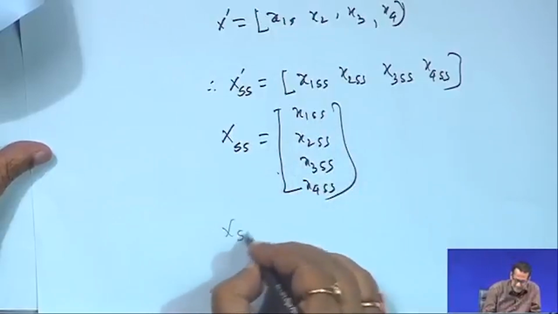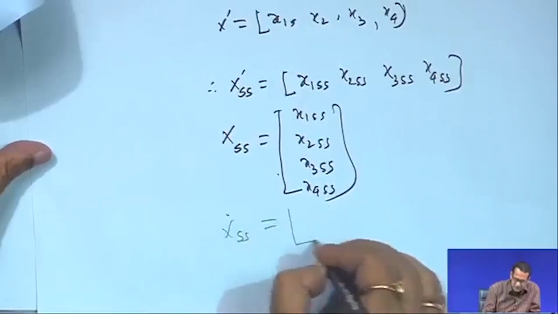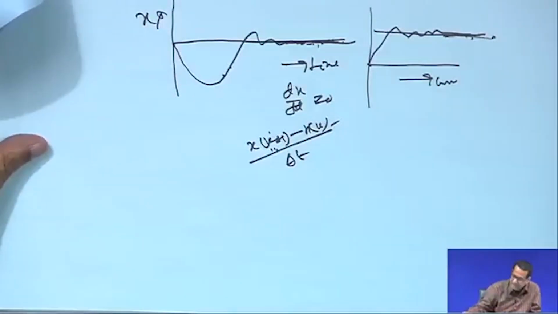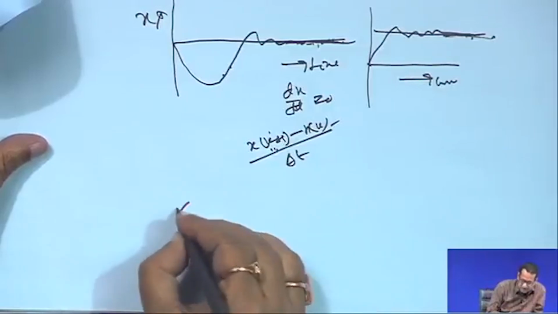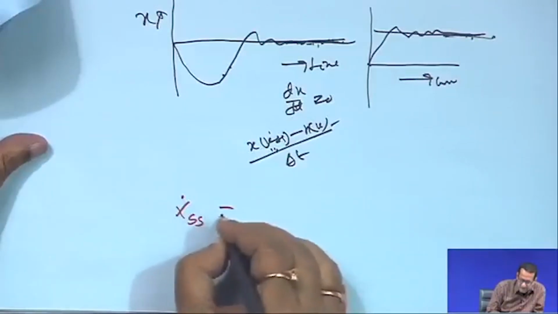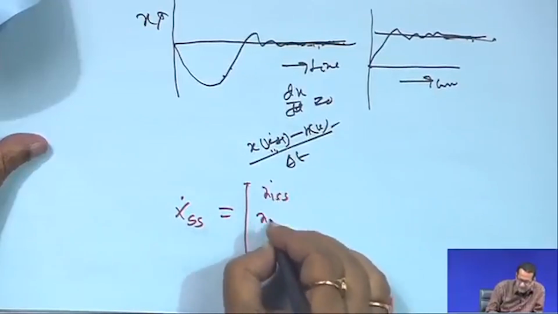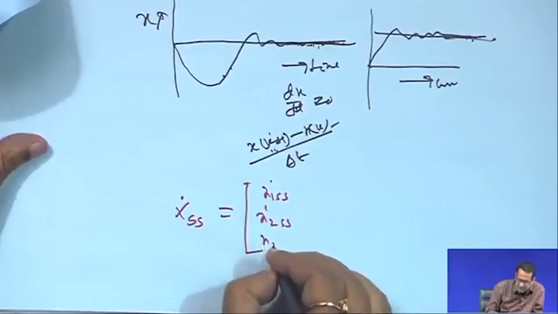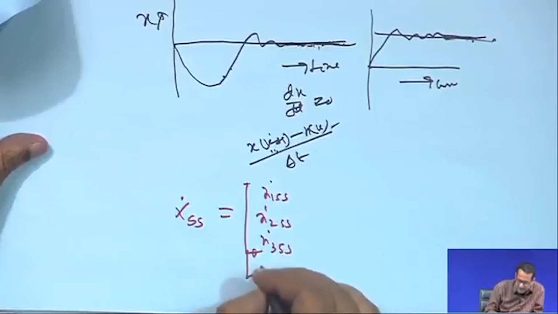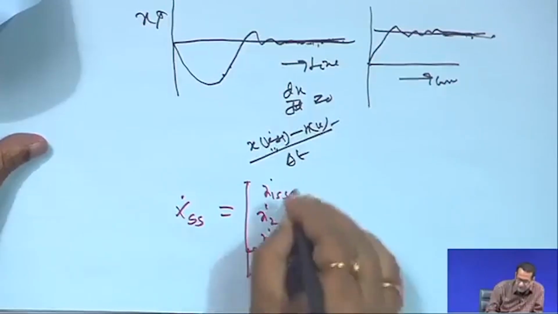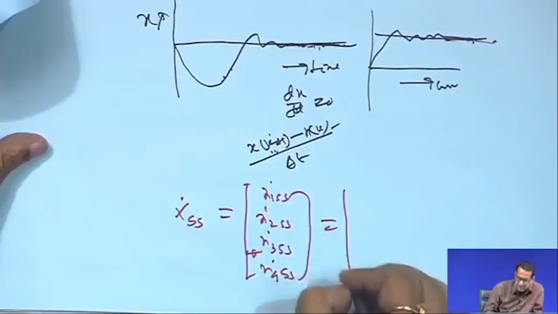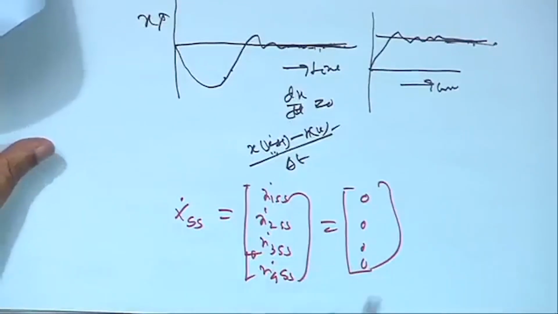That means x s s dot is equal to x 1 s s dot, x 2 s s dot, x 3 s s dot, and x 4 s s dot, and all of these become 0, because all are reaching the steady state.